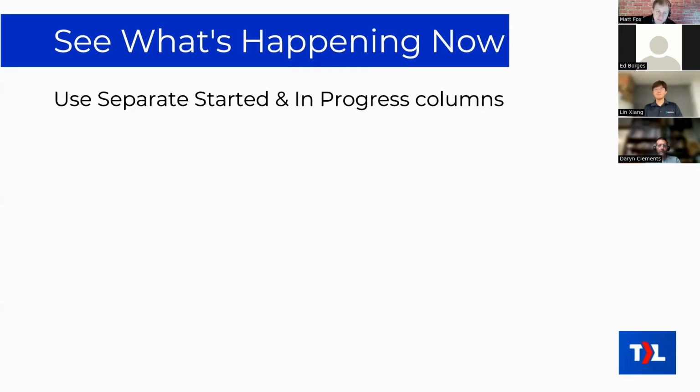Now, ideally, you're not going to have anything in the started column, but this is real life, so sometimes they might have things in both the started column and the in progress column. That would mean that the work in progress is at least two. But that's a technique that can help dispatchers be aware of the distinct things their team is working on at that very moment.